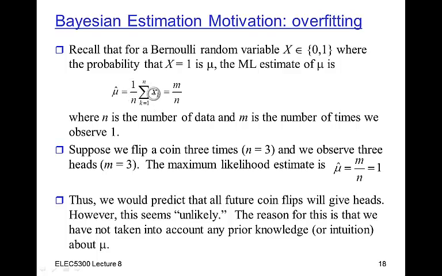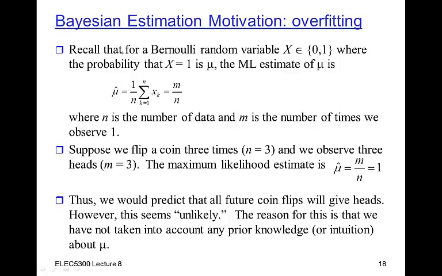Because the xk's are either 0 or 1, if we count the number of times that 1 appears, that's the sum of all the xk's. If we call that number m, the number of times we observe 1, and divide by n, that is the maximum likelihood estimate of the probability of heads mu.